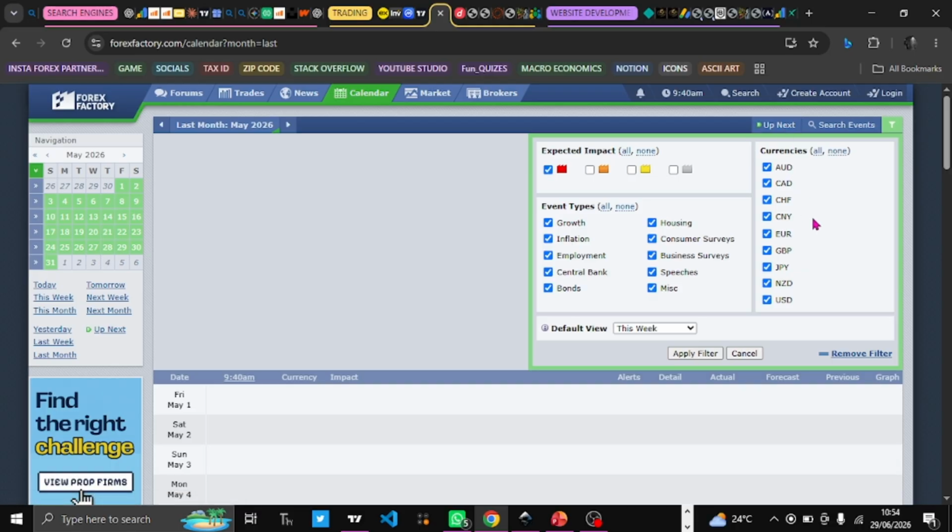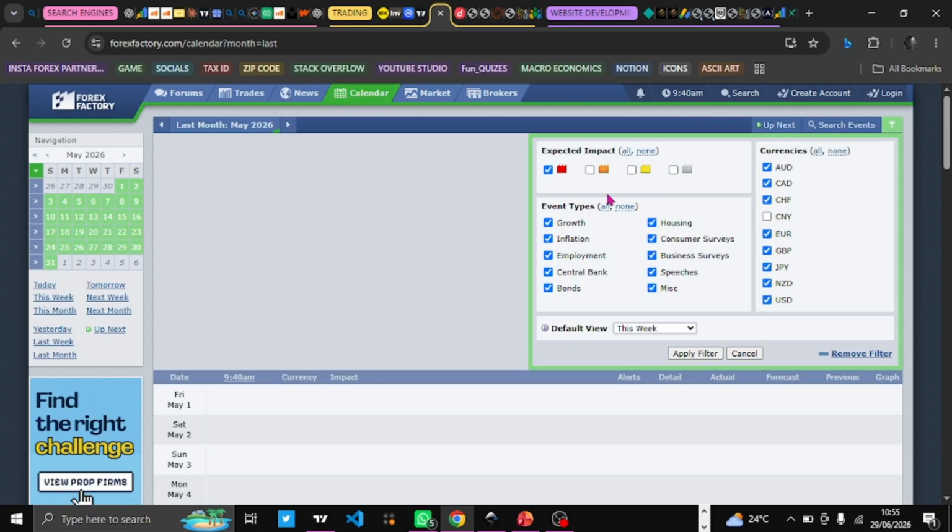Now, for which currencies should we be getting this news? Like fundamental news about many currency pairs, which currency do we want it to always show? So I ticked every one of them. You can untick CNY if you don't want to get news for the Chinese yuan, and I think I'm going to untick it now.